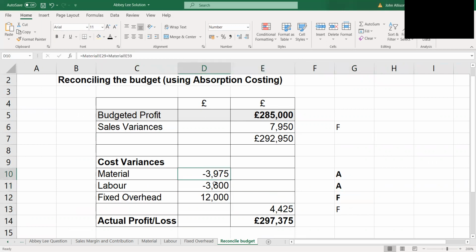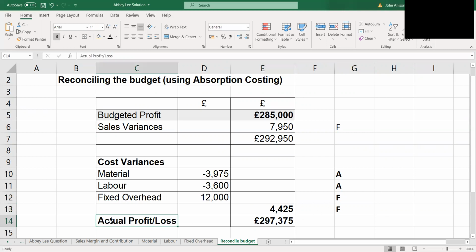I'll get the two negative or adverse variances plus the positive variance. Gives me an overall total cost variance of £4,425 favourable. In other words, the total cost of producing and selling Abbey and Lee was £4,425 less than we originally budgeted for.